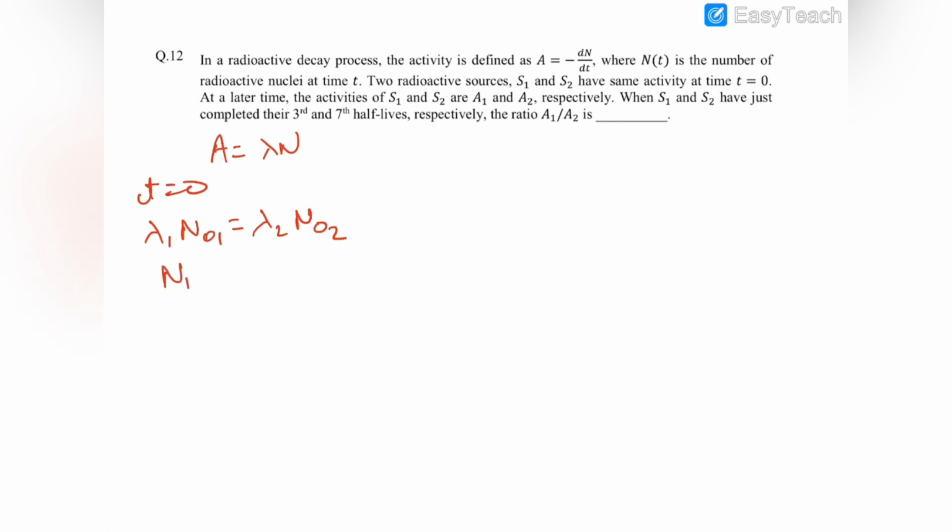So N naught 1 by N naught 2 will be equal to lambda 2 by lambda 1.